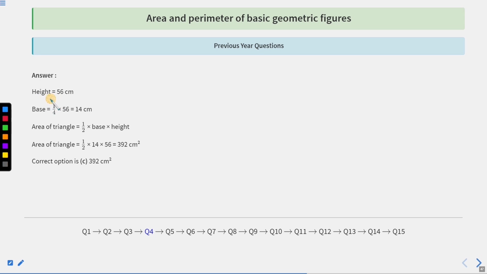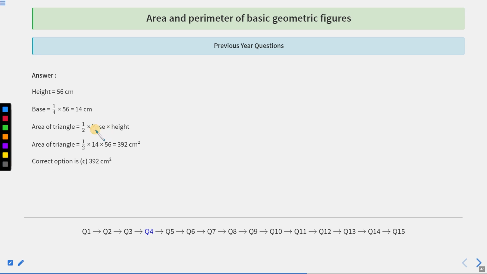It is given that height is equal to 56 centimeter and they have given that base is 1/4 of the height. Therefore, base will be 1 upon 4 into 56 and it will be 14 centimeter. Therefore, the area of triangle is equal to half into base into height. This is the formula that we are going to use to compute the area of triangle.